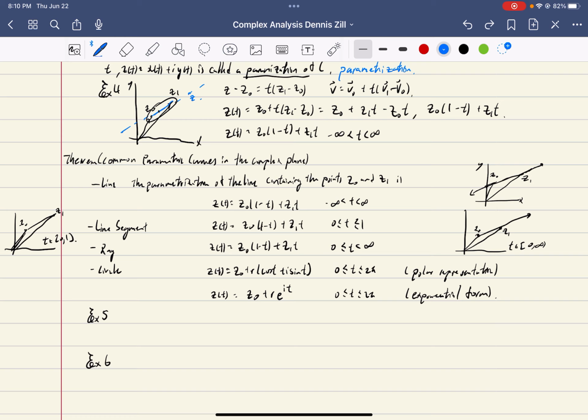And now, if you want to go to a circle, how do we make a circle? Well, it can be modeled by this formula. So you have a z0. First you add to the point, and then you want to make this into a circle, right?